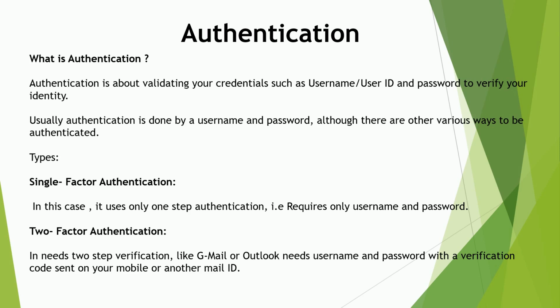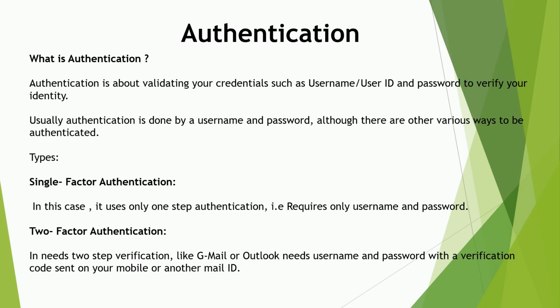The second one is two-factor authentication. Suppose you are using your Gmail account on a new device. You will go to Gmail, put your username and password into the Gmail account, and click sign in. After that, your Google account will verify whether the user is correct or not. Since you are using a new device, it will ask you which way you want to verify your identity.